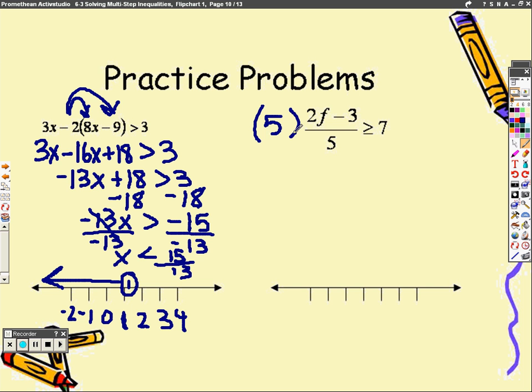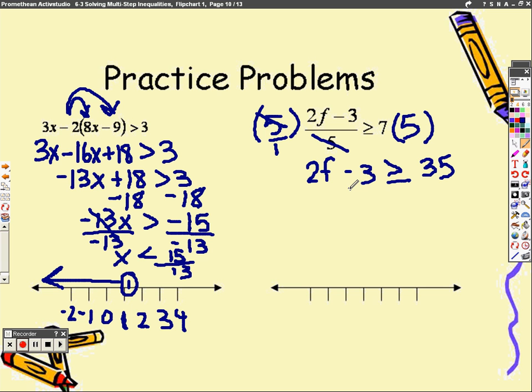So we're going to multiply both sides by 5. Okay, and I can put 5 over 1 here if I want to do that. These two cancel one another out, so I end up with 2f minus 3 is greater than or equal to 35.